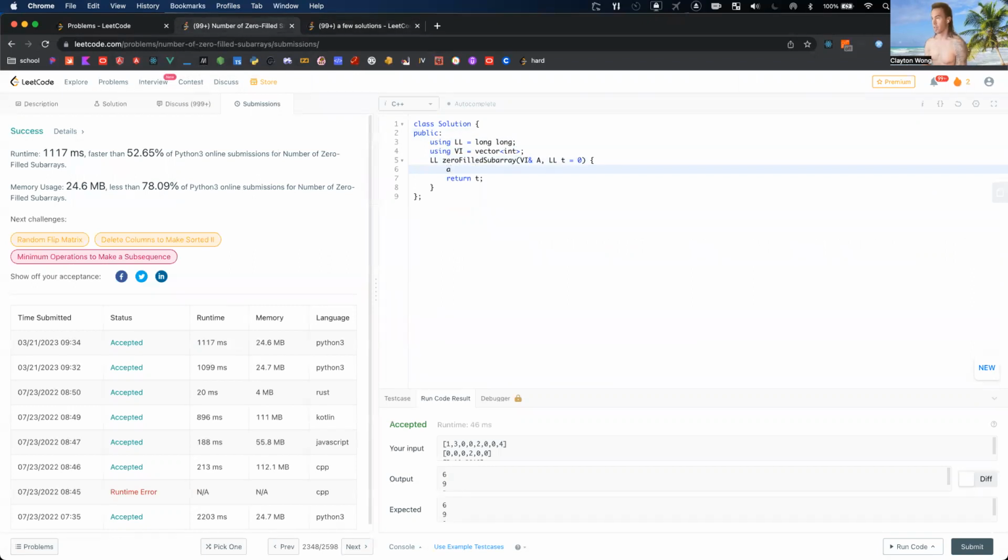Yeah, it should be auto n equals make pair, 0, a dot size, while i is less than n, j is equal to i, j is less than n and not a sub j, increment j. n is j minus i, k plus equals the sum of the series for n times n plus 1 divided by 2, then i equals j.